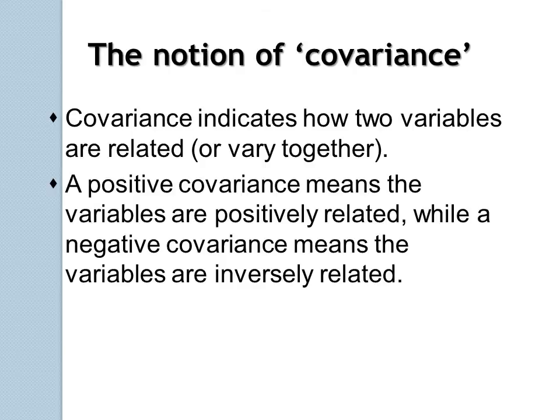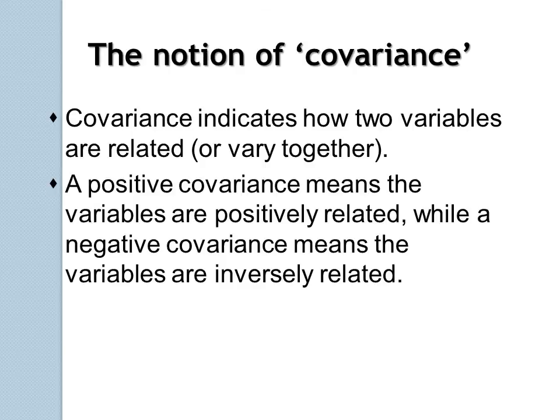So in other words, as the one variable increases, the other variable is also increasing. Or as the one variable decreases, then the other variable is decreasing. So they are moving in the same direction together. Whereas a negative covariance means that they are inversely related. So as the one increases, what do you think will happen with the other one?